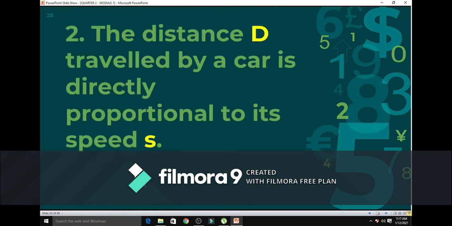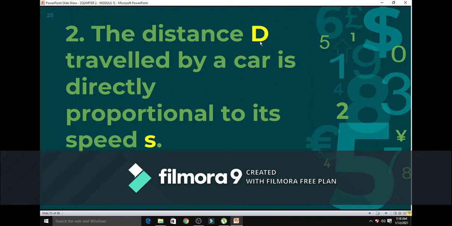the distance D traveled by a car is directly proportional to its speed. So, yung distance daw ng sasakyan na babiyahe ng isang sasakyan ay directly proportional to its speed S. So, kung mabilis or mabagal yung pagtakbo ng sasakyan, nakadepende doon yung layo na matatakbo ng isang sasakyan.